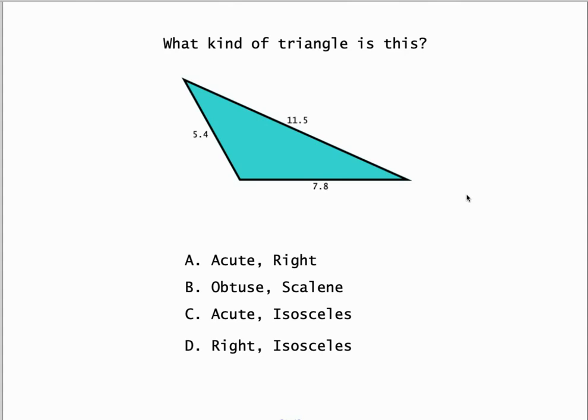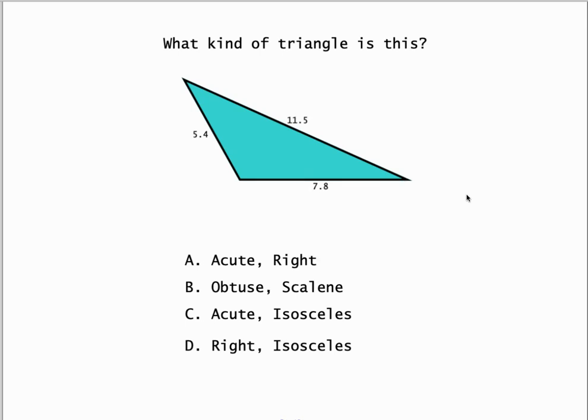If you don't, keep going and say, are all of my angles acute? If they are, that's the kind. So you have to ask yourself, did you find a right angle? Did you find an obtuse angle? Or are they all acute? That's half of the name. Then for your second half of the name, look at my side measurements. Are they all the same? Are 2 the same? Or are none the same?